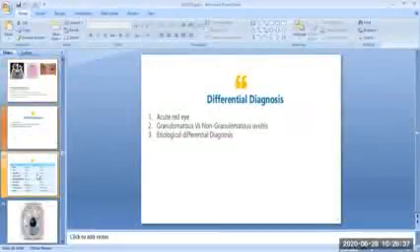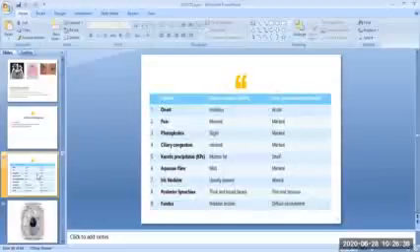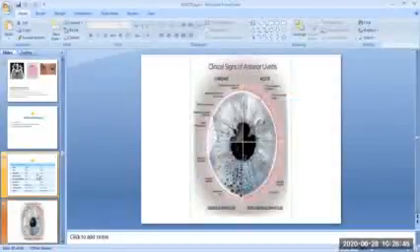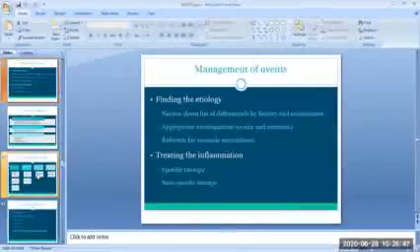Then differential diagnosis, the difference in the clinical features of granulomatous and non-granulomatous uveitis. Now we'll discuss the management of iridocyclitis. First, we should find out the etiology. We should narrow down the list of differentials by the history and examination of the case of anterior uveitis.